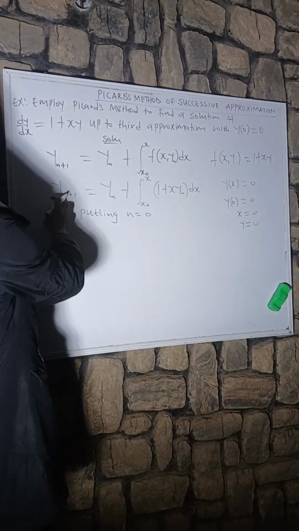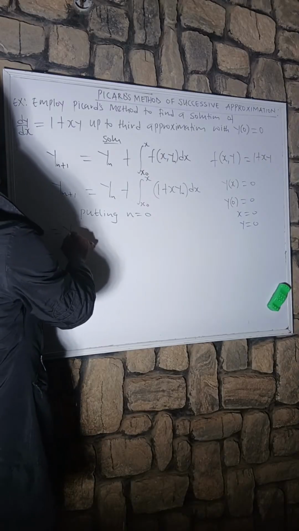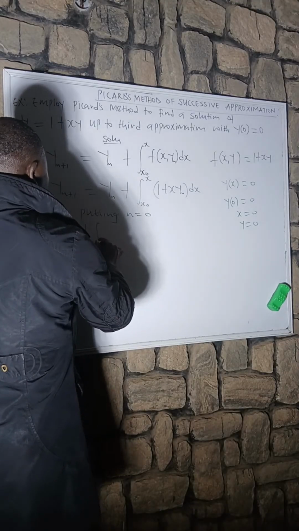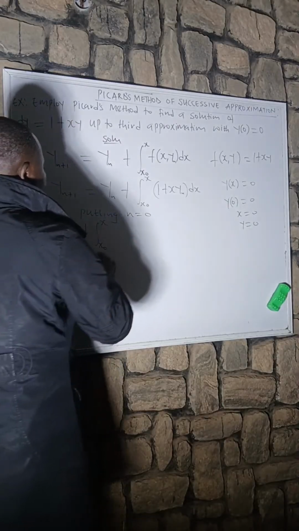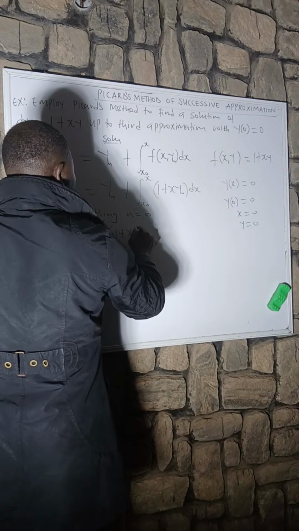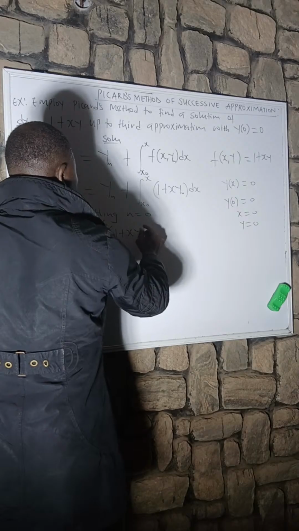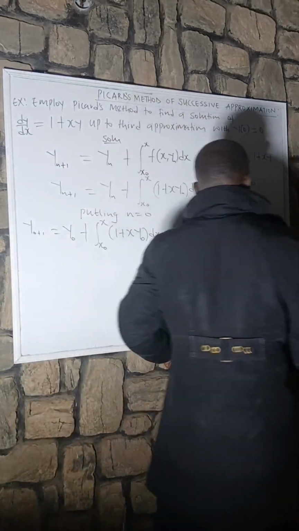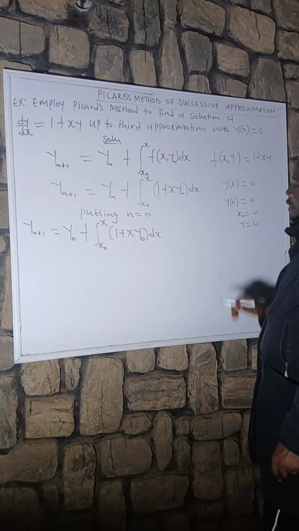If n equals 0, here will now be y subscript 0 plus 1 equals y subscript 0 plus the integral from x naught to x of 1 plus x y naught, because our n is 0, dx. As you can see, this is x naught, so x naught is 0.